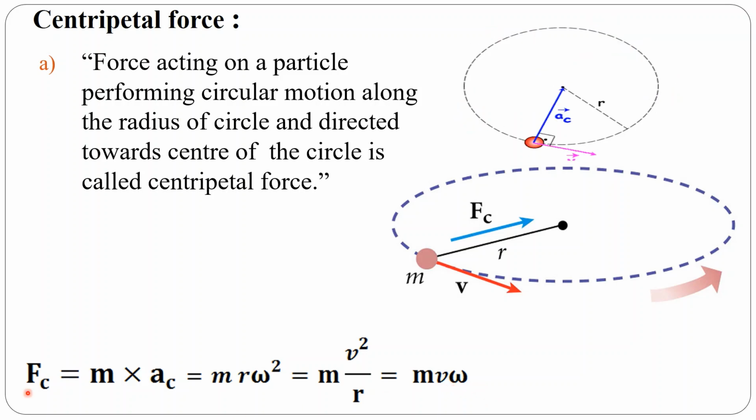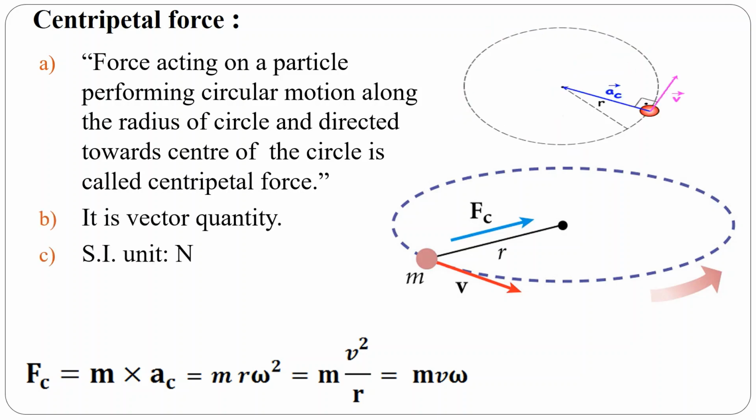So centripetal force is mass into centripetal acceleration, which is equal to m r omega square, or m v square upon r, or m v omega. This is the expression for centripetal force, and it will be used in numericals. Its SI unit is Newton and it is a vector quantity.